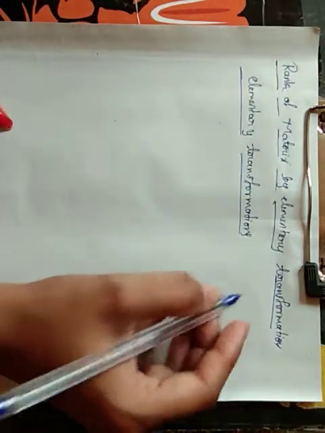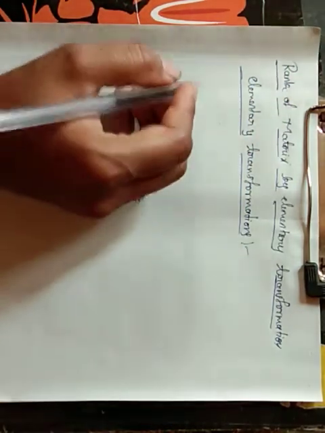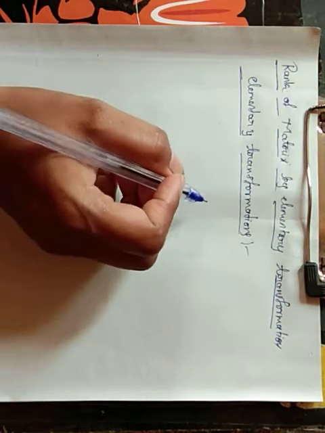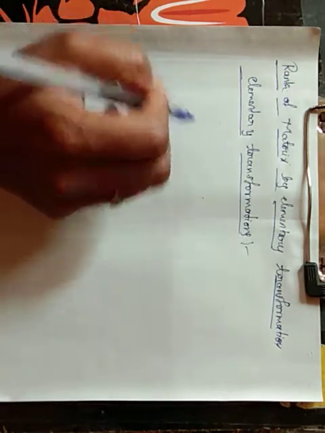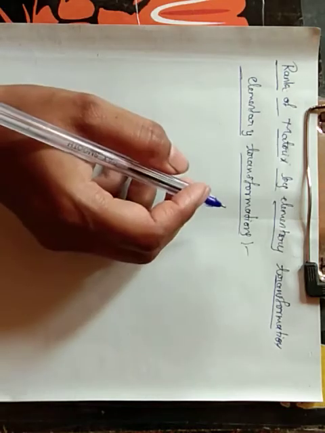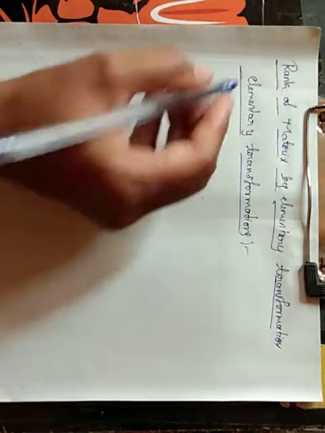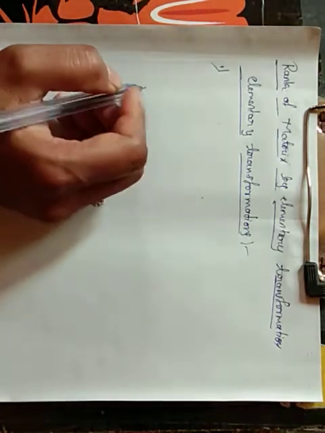Elementary transformations will be done by the row and also by the column. So we can also call them elementary row transformation of a matrix and also column transformation. What are the elementary transformations?